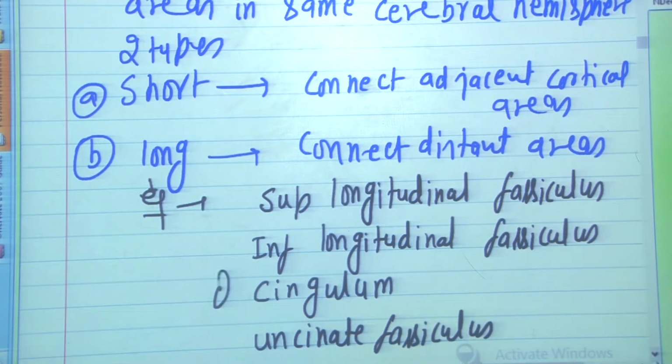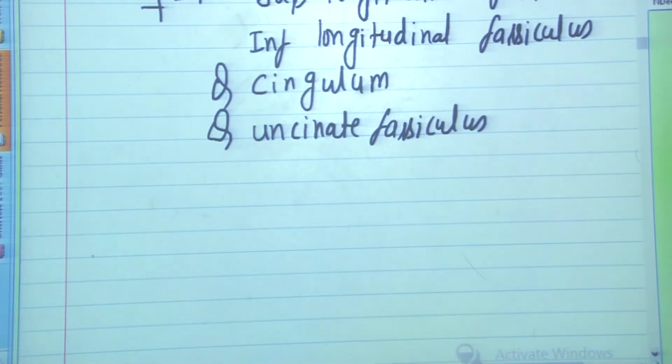So questions are asked like this: uncinate fasciculus is an example of? Answer is long association fiber or association fiber.